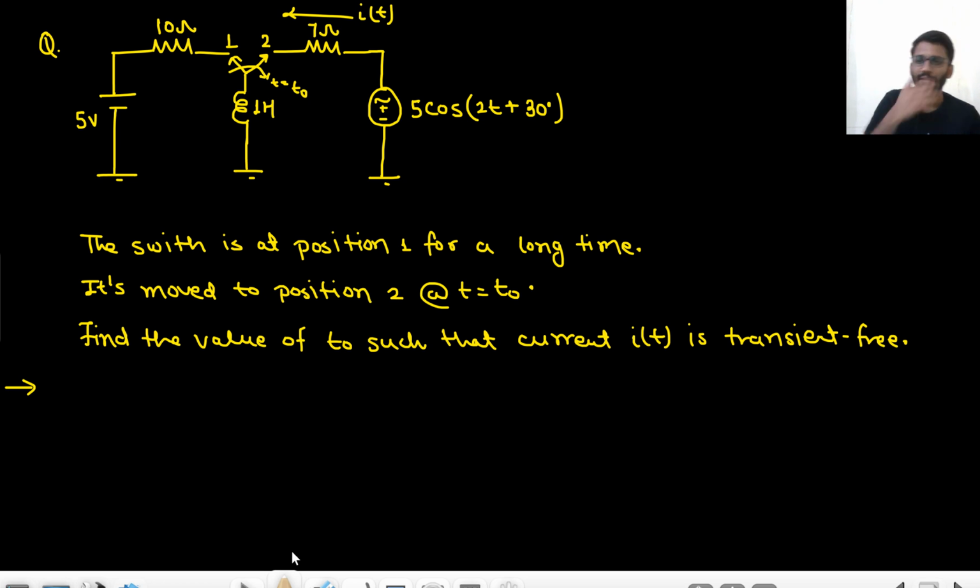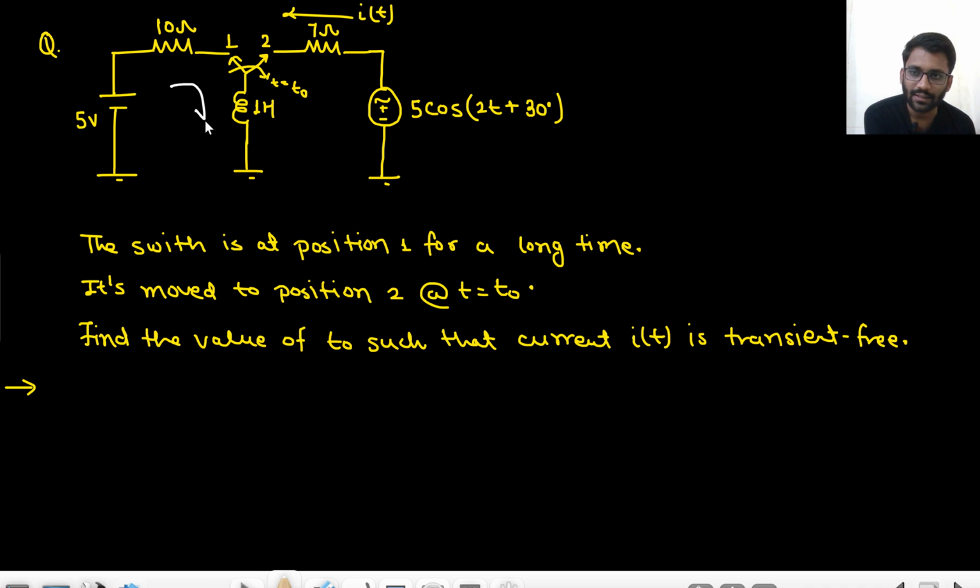Okay, so this is the question. Now the switch is at position 1 for a very long time. Now it is moved to position B at t equals t naught. Find the value of t naught such that the current i(t) is transient free. The switch is at position 1 for a very long time.